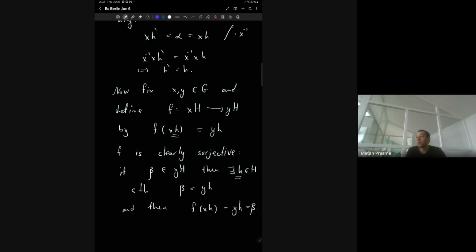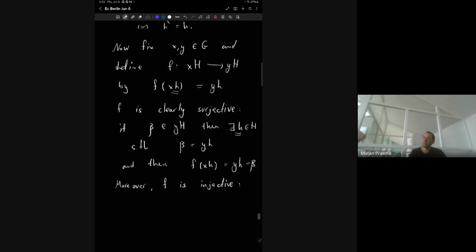I claim that this is also injective. What do I need to show in order to prove that f is injective?